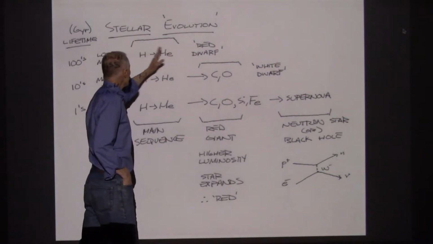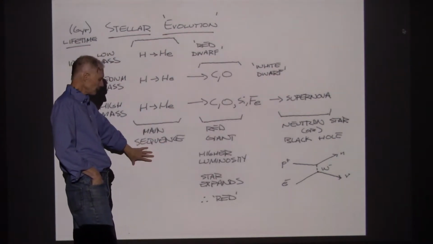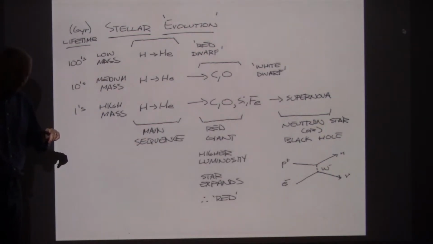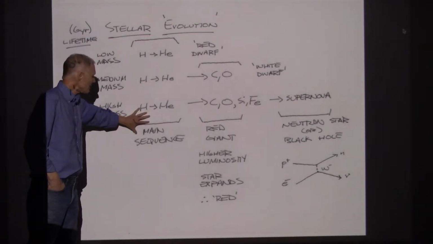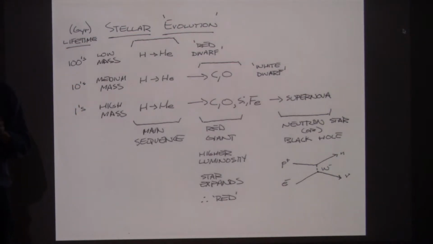So everybody goes through a hydrogen to helium phase in terms of fusion. And those stars, because of their surface temperatures and their luminosities, are classified on the main sequence. The stars that we see, that when we plot their luminosities and their surface temperatures are on that pattern of the main sequence, those are stars that are still undergoing hydrogen to helium fusion.